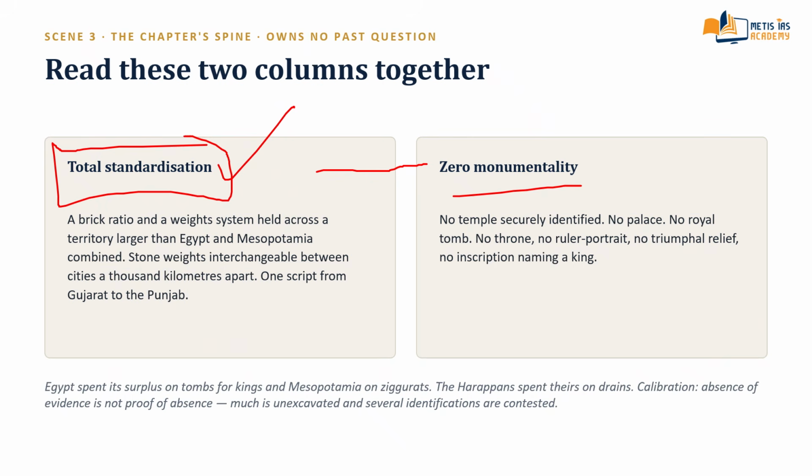So you have to say plainly what we do not know, because that is what a strong answer does. The script remains undeciphered. Something over 4,000 inscribed objects survive, most of them very short, a few signs on a seal. We do not know the language beneath it.